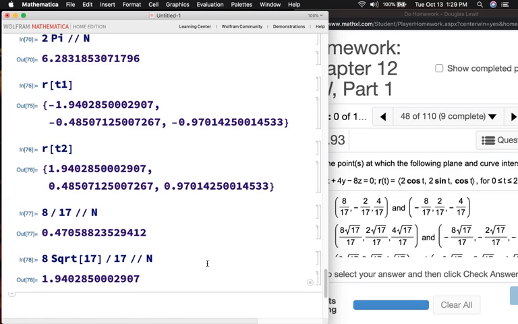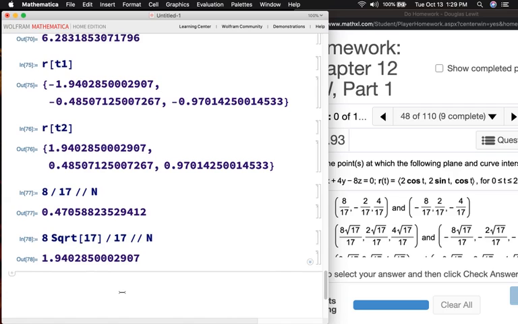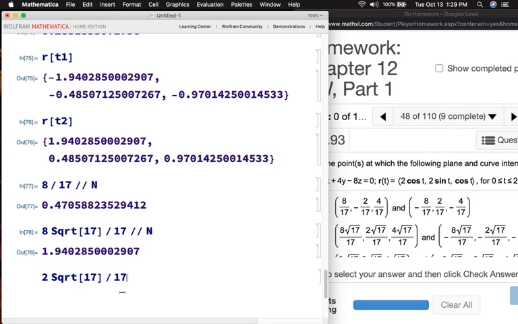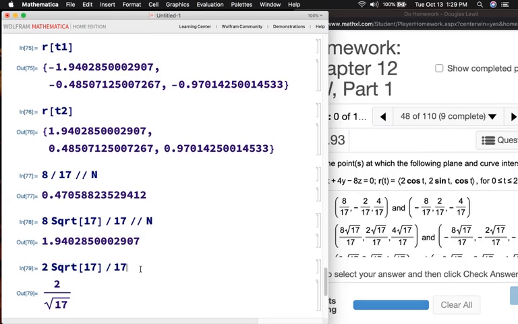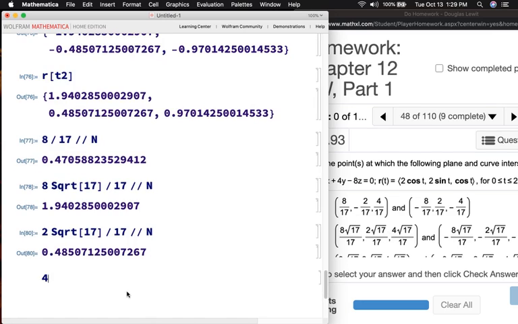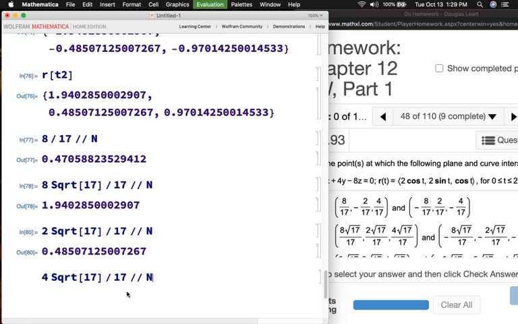And then 2 times the square root of 17 divided by 17, which is 0.485, and so on. And then right over here, I have 4 times the square root of 17 divided by 17, which is the number that I have over here.